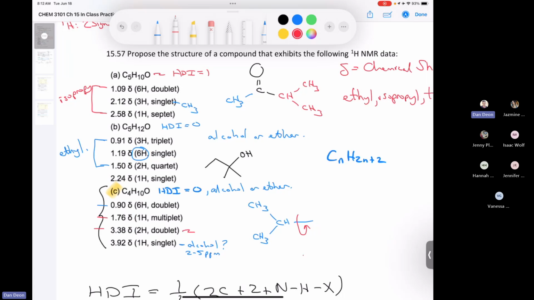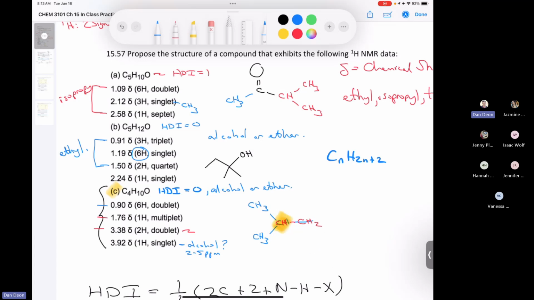So what does that mean? It means we have 2 protons that are split by only 1 proton, like that. Well, you're starting to see that if there's only a total of 4 carbons in the compound, this CH and this CH must be the same one, right? Because that would give you a total of 4. And so, if you're picking up what I'm putting down here, this piece must go here, right, on top of this.